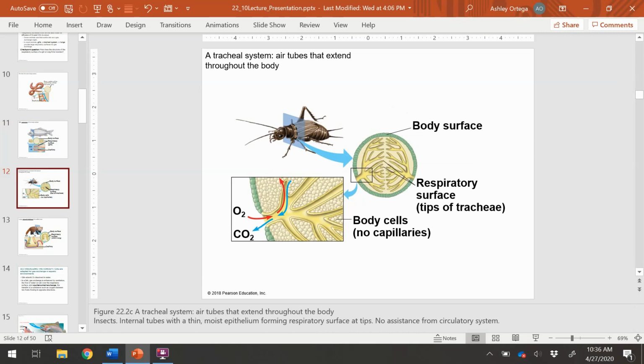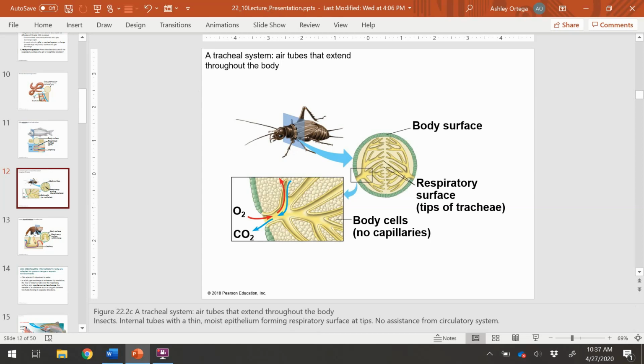Then we have insects. Insects have a unique system called the tracheal system. This tracheal system consists of air tubes that extend throughout the body. So it's similar to our lungs, except it's throughout the whole body, and it does not connect to a circulatory system.